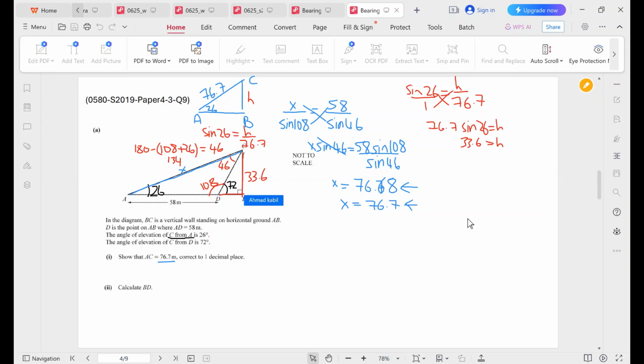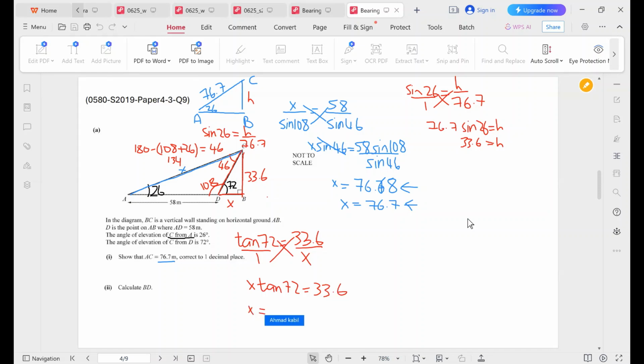They want BD, so we can use the small triangle here, seeing that we already have angle 72. And we can only say tan 72 equals opposite, which is 33.6, over adjacent, which is x. And then we cross multiply. X tan 72 equals 33.6.